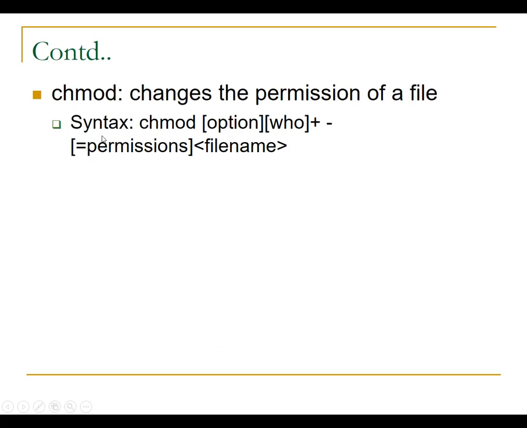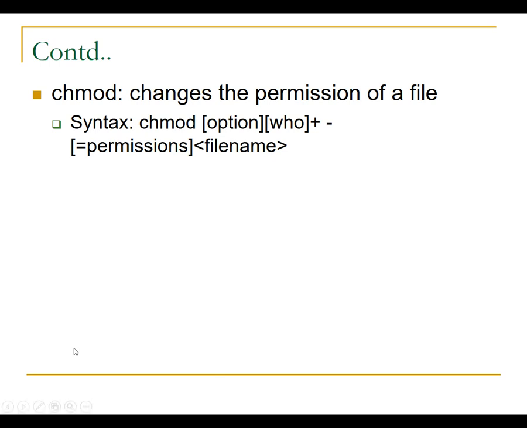Now next is chmod, that is change mode permission. As umask represents the permissions which can be applied on a particular file, chmod is used to change the permission of that file.